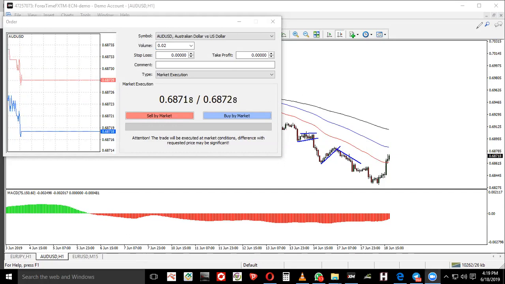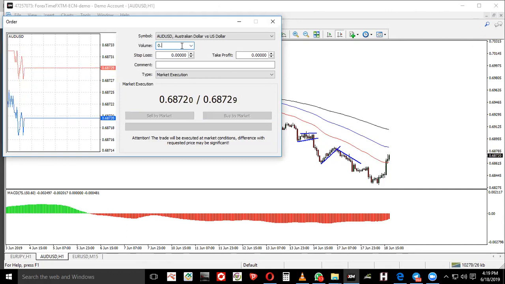Now, I know many of us are asking, sir, how do I know in this volume how to specify my lot size? There are 0.2, 0.1, 1.0. So how do I know which one is the standard, which one is the mini, which one is the micro? Now, guys, I've got you covered here. It's simple. So just listen to this.